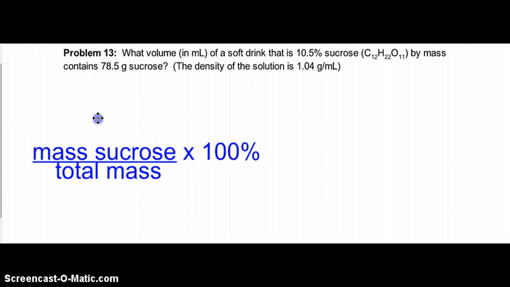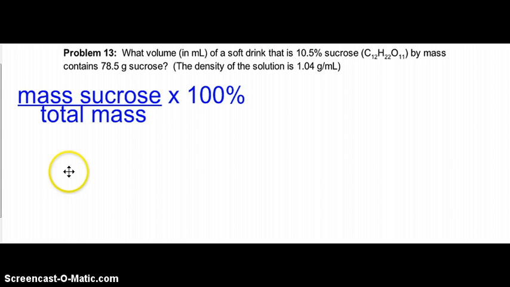You know something about density, but we need to know what the density of the solution is, so we need to know what the whole mass of the solution is. All right, so it sounds like we need, because of this right here, the mass percent. So we know that the mass of sucrose over the total mass times 100% is equal to 10.5%.